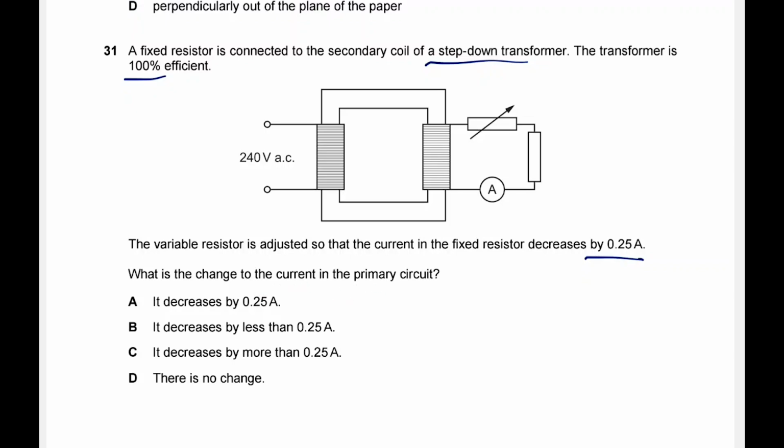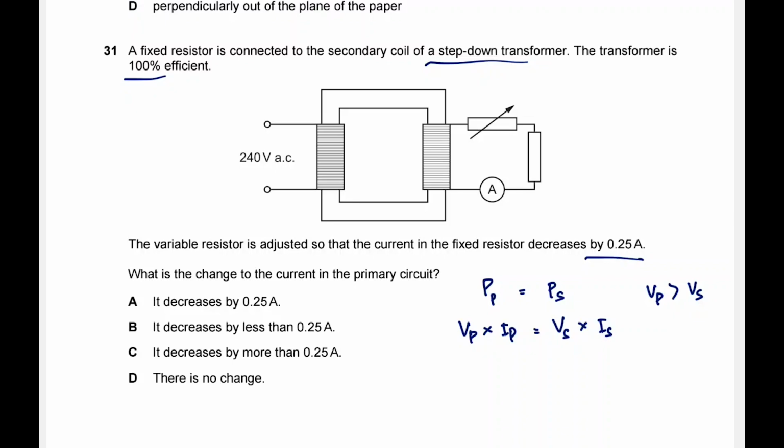The transformer is 100% efficient. It means that the power in the primary will be equal to the power in the secondary. Power is voltage times current. So the voltage times the current in the primary must be equal to the voltage times the current in the secondary. This is a step-down transformer, which means that the voltage in the primary is greater than the voltage in the secondary.